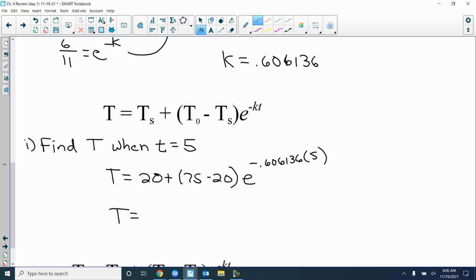See what you get. Nearest 10 is fine. Just round to the nearest 10. I don't know what the book has it rounded to. Yeah, there's 10.